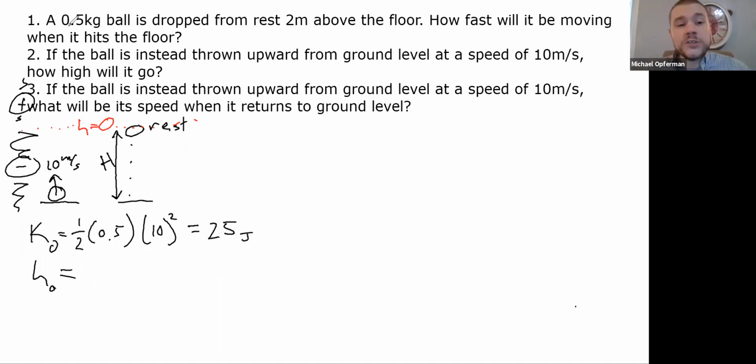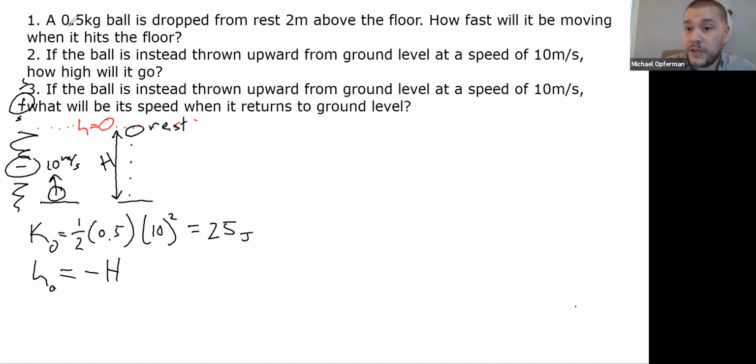This is really the same thing as saying, when you use coordinate axes, anything that's below your origin has a negative y value, anything that's above your origin has a positive y value. It's the same statement. Anything that's above what you're calling h equals 0 is positive. Anything that's below what you're calling h equals 0 is negative. So it's actually negative h, because it's h below my reference point.